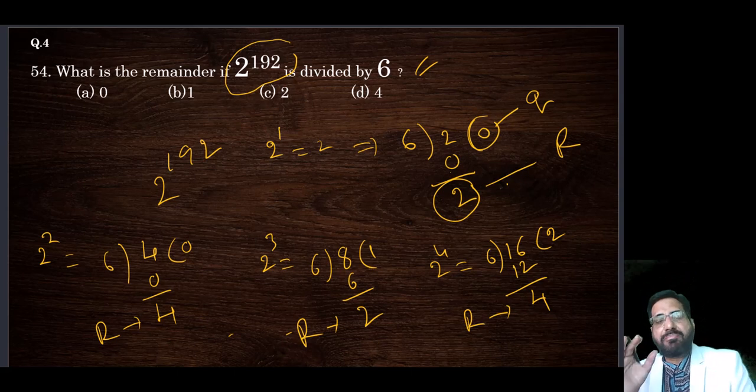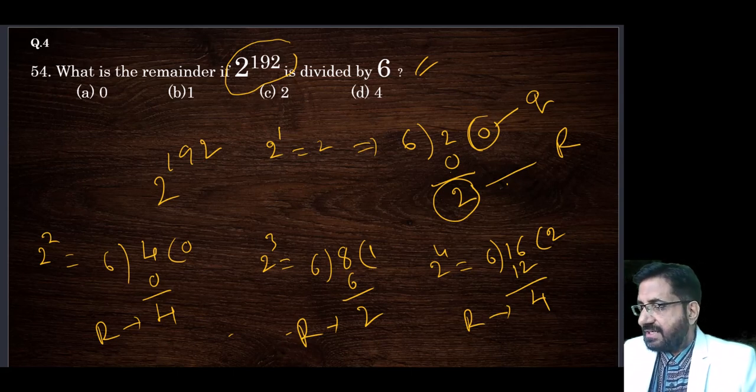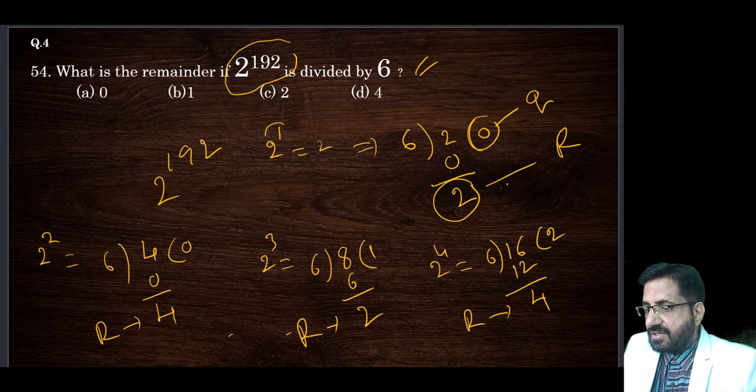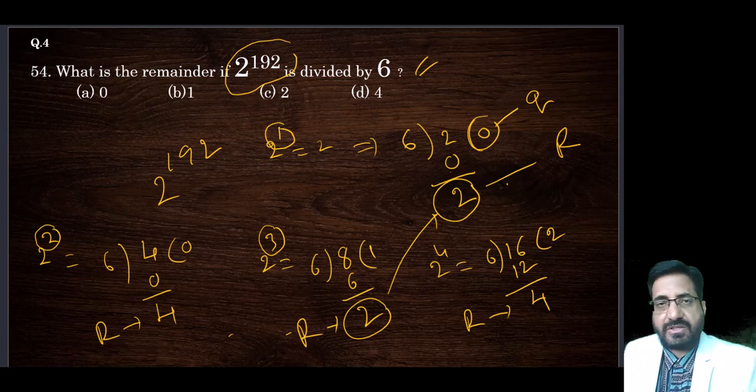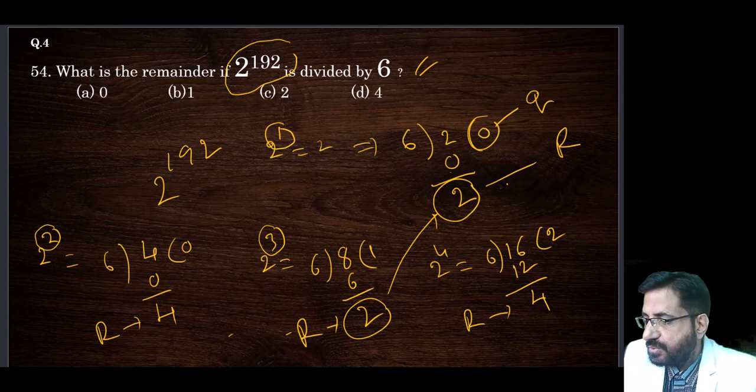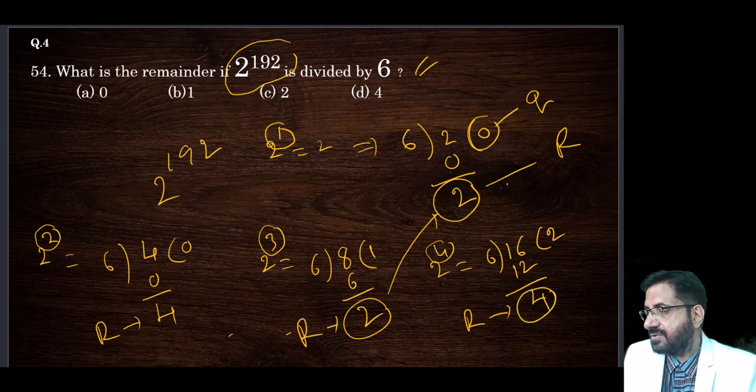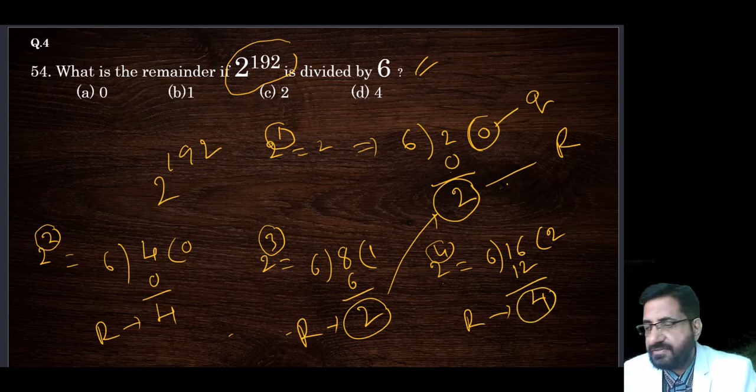Wow, I am finding a pattern here. See, whenever the power of 2 is odd, 2 raised to 1, 2 raised to 3, I am getting remainder as 2. Okay. Whenever the power of 2 is even, 2 raised to 2 or 2 raised to 4, I am getting remainder as 4. This pattern will continue, my dear friends.